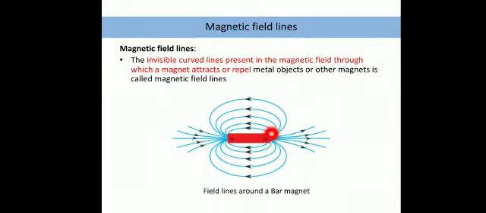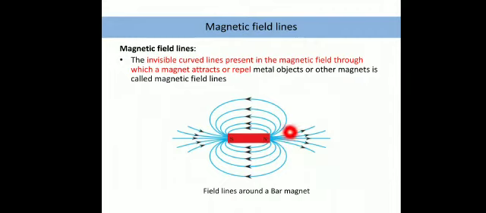There are so many lines crowded near these poles, and when we move away from the pole, you see the distance between these magnetic field lines increasing. So what do we understand from this? The more magnetic field lines, the stronger the force of attraction.